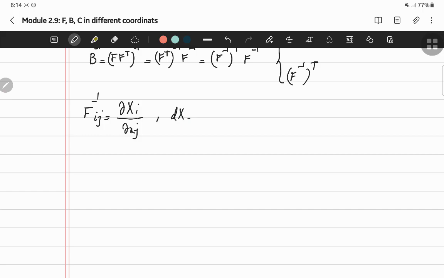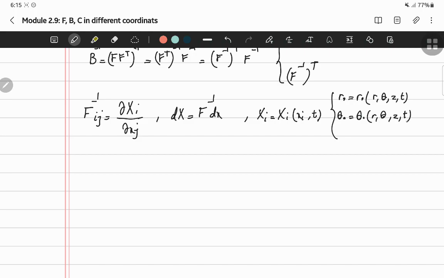And we had dX equal to F inverse dx, where we had capital Xi equal to capital Xi of small xi and t. Here we can write the same: r0 was equal to r0 of r, theta, z and t. Then theta 0 was theta 0 of r, theta, z and t.